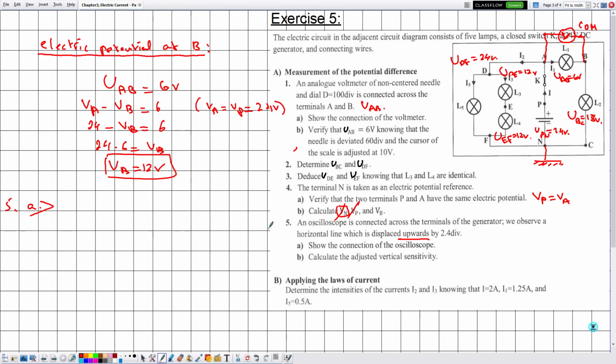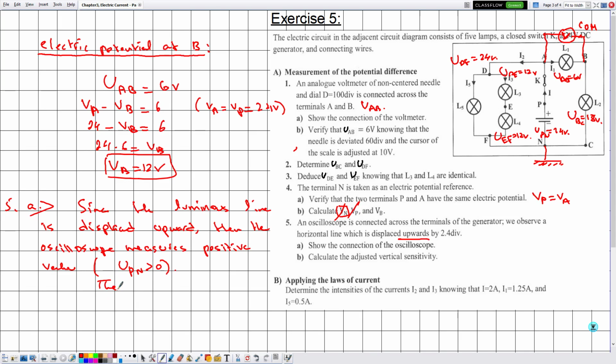Now because it's displaced upward, it's measuring positive voltage, and knowing that the positive value is given by UPN, the oscilloscope measures UPN.